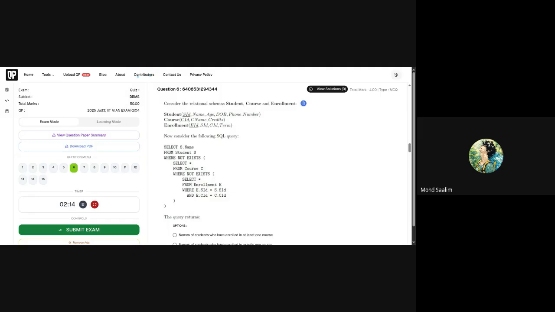So it is selecting the name of students where those type of courses don't exist, where there is no enrollment between the student and the course.